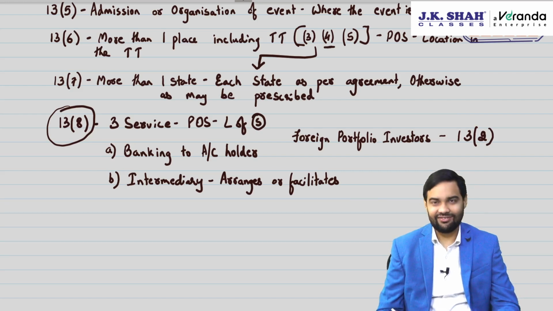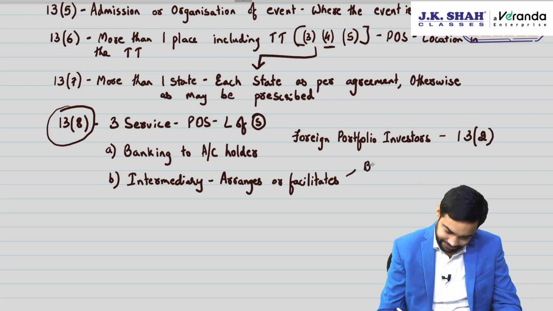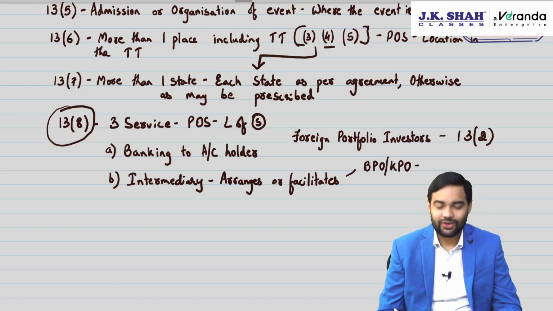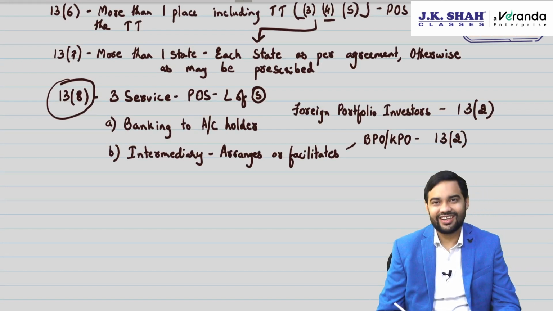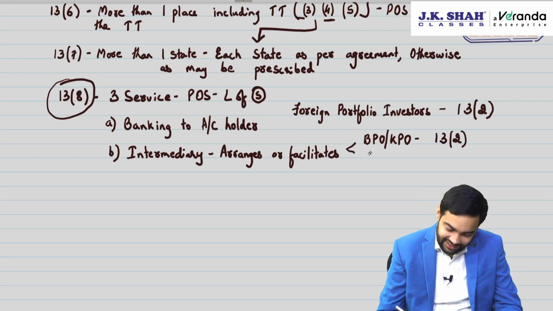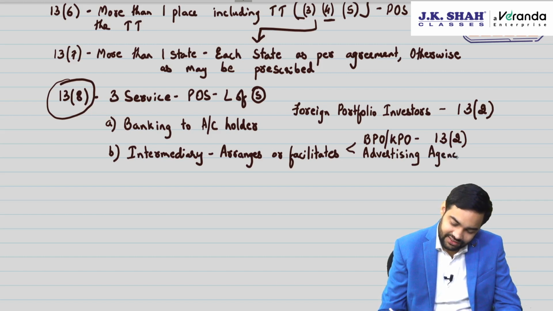So there was a clarification regarding BPO or KPO. BPO or KPO, are they intermediaries? The answer is no. It will be a case of 13.2, not a case of 13.8. Those who provide advertisement service, advertising agencies. Can advertising agencies be regarded as intermediaries?